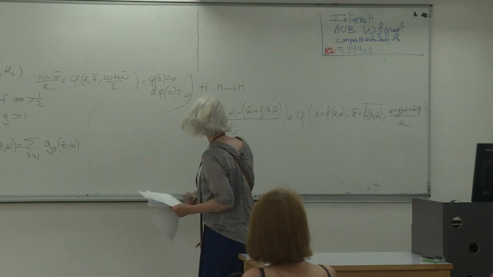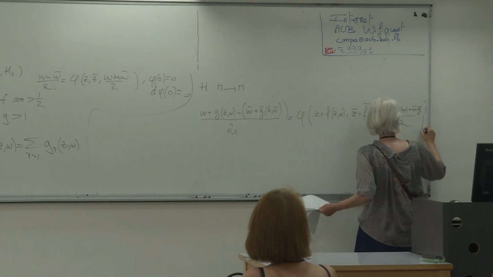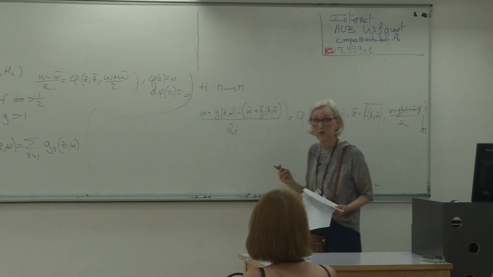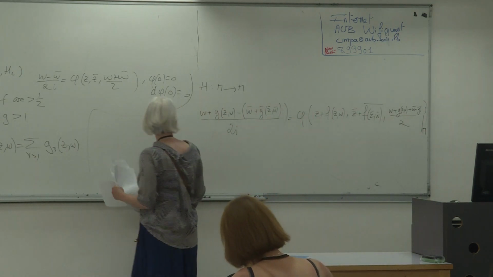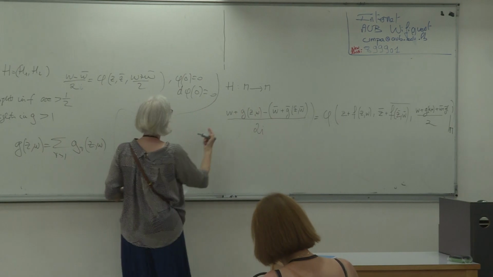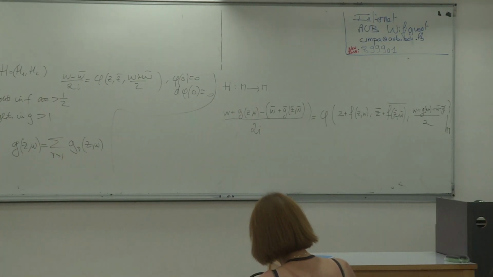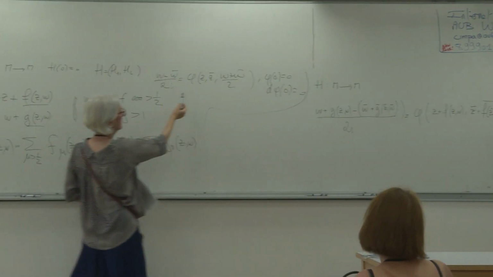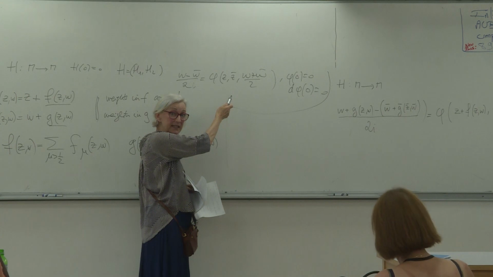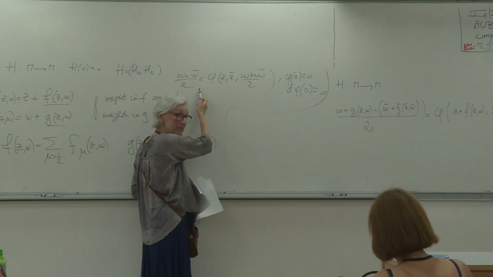And I restrict to M. It's valid only on M, right? So what do I get? W is what? W is S plus, where is my, here. The imaginary part in W is given by that. This is the imaginary part.